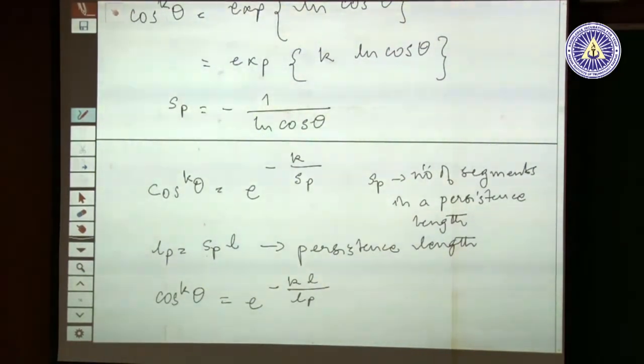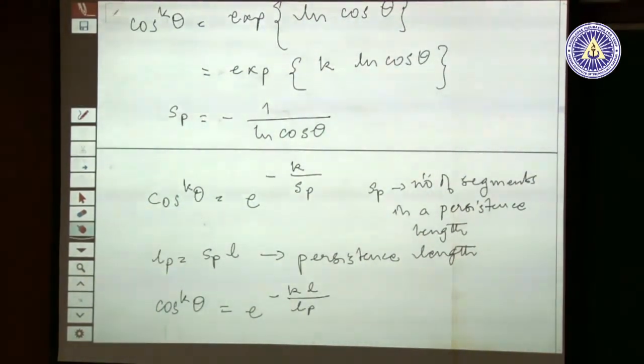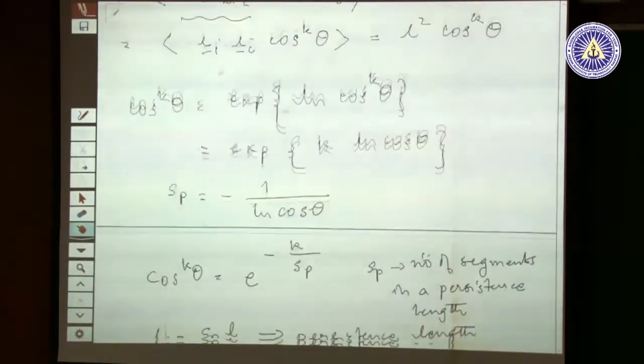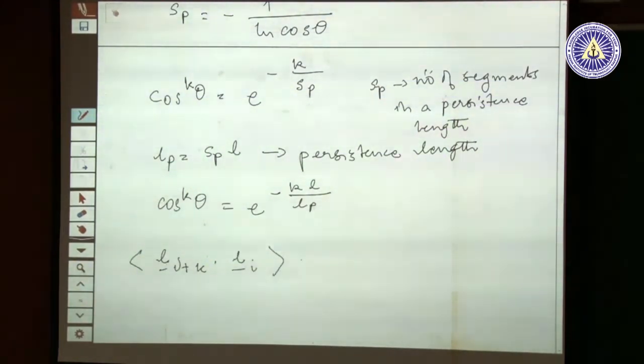So what we saw here was Li dotted with Li, which is L squared. So we have derived that Li plus k dotted with Li was L squared cos to the power of k theta.